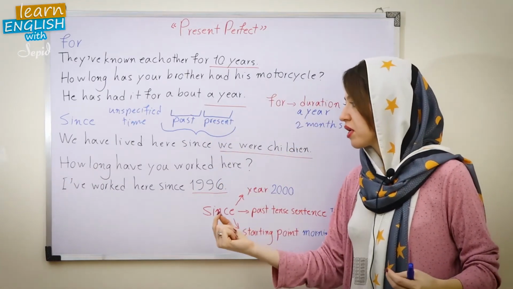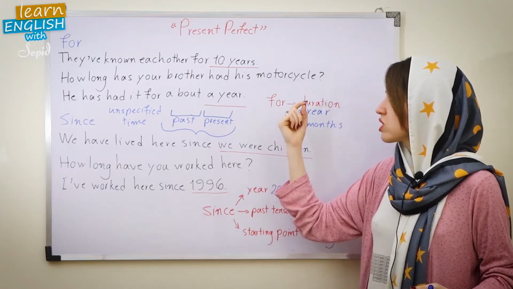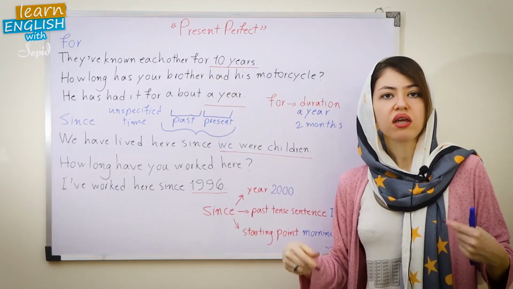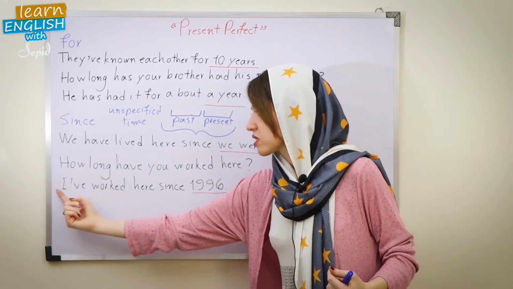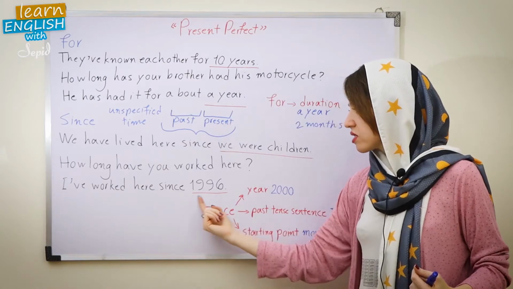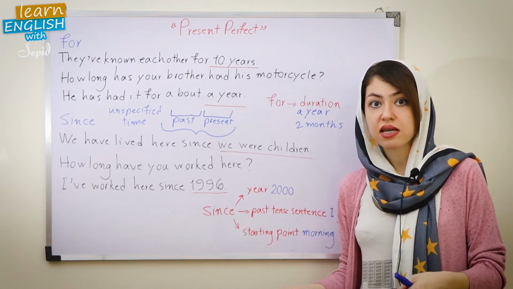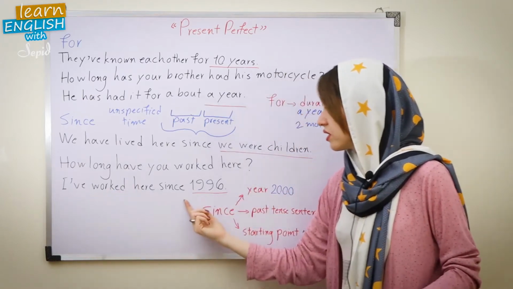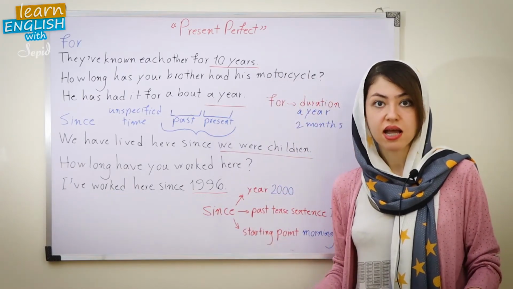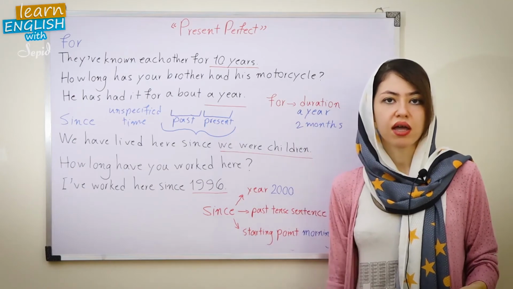But here, the person can answer using for, okay? If you don't want to use for, you can use since. For instance, I've worked here since 1996, okay? So, I've worked here since 1996. That's the starting point, okay?